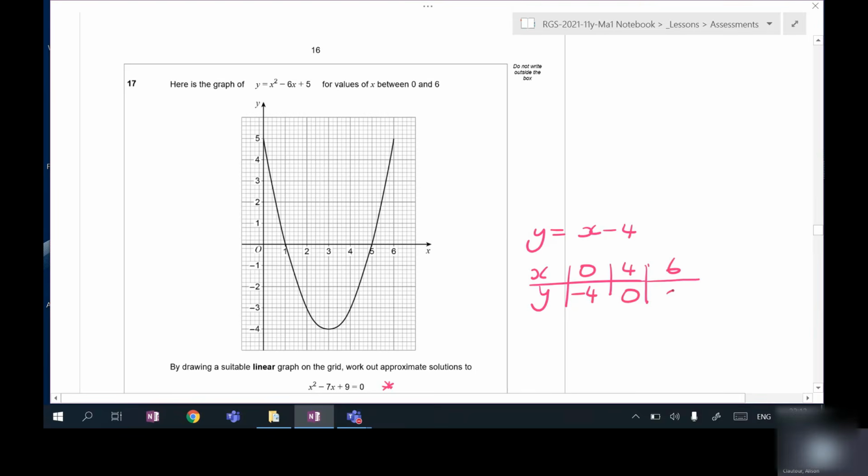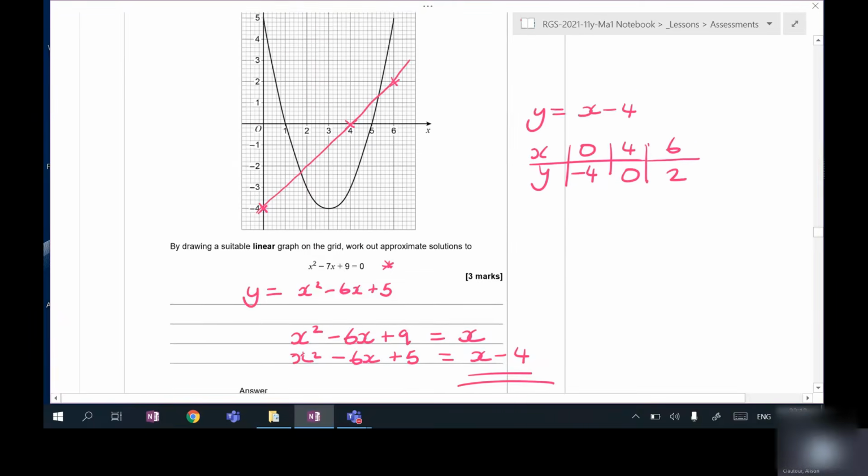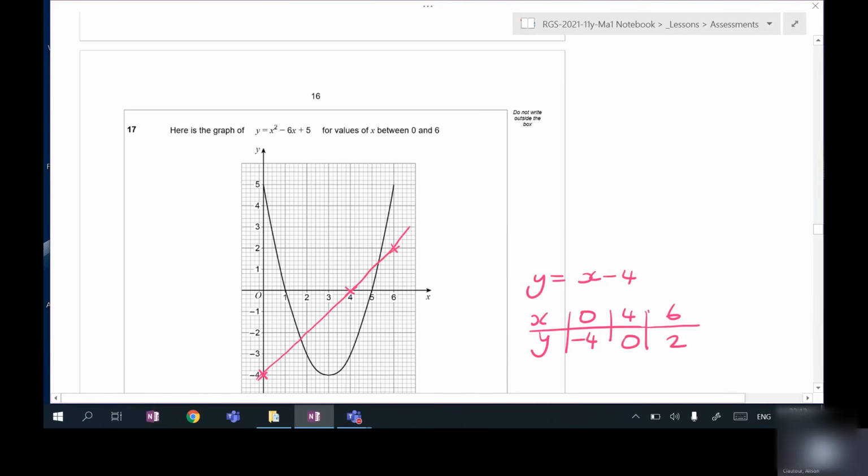When x is 6, y is 2. And if you plot those points, okay, you can then read off at the points you want approximate solutions.